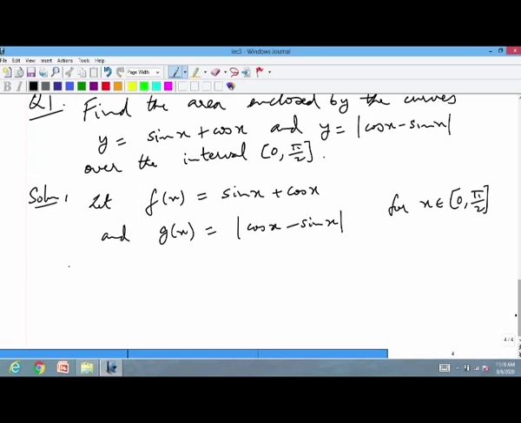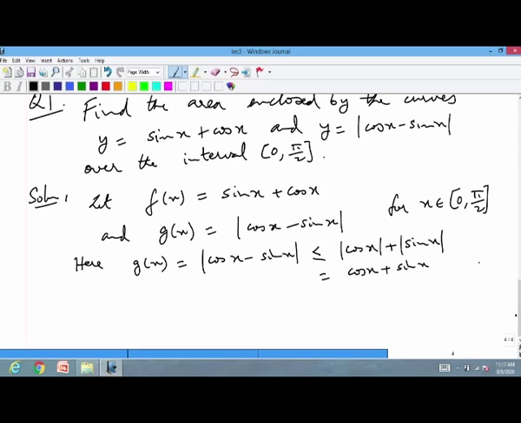So, here note that g x, which is mod cos x minus sin x, is less than or equal to mod of cos x plus mod of sin x, by the triangle inequality, and because x is in 0 to pi by 2, this is equal to cos x plus sin x, which is the same as f x.